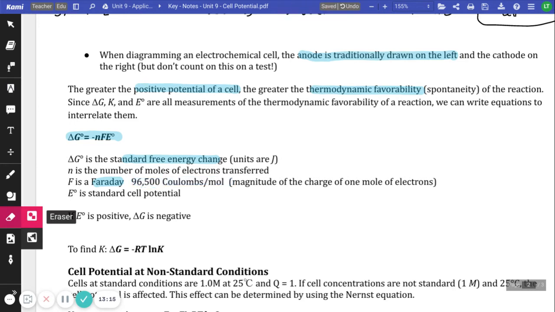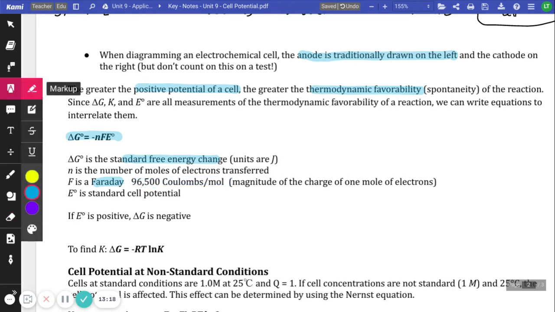Again, this is just a constant value, so it's not something you have to figure out, and it is given to you on your formula chart. And then E is standard potential. If E is positive, delta G is negative. So that's just one of the equations that we can use to convert between cell potential and delta G.